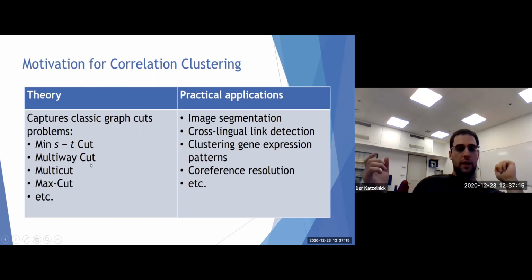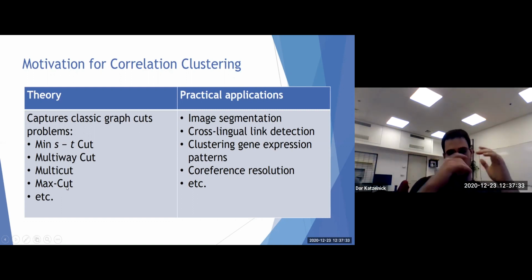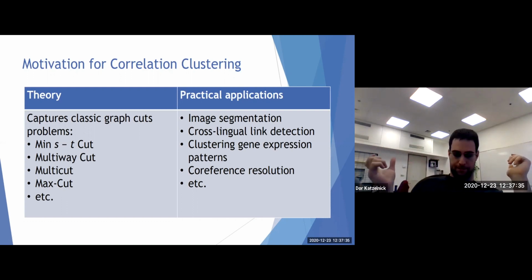And also if you take the max agree objective, and you limit the number of clusters to be at most 2, it will capture the max cut objective, right? Because here you want to find a cut with the maximal value, so you can consider a graph with only minus edges.